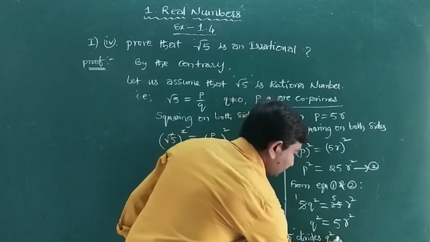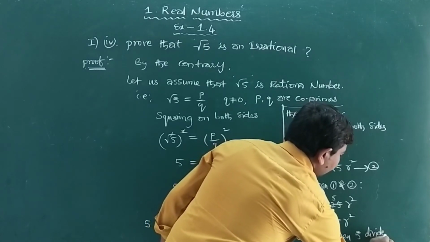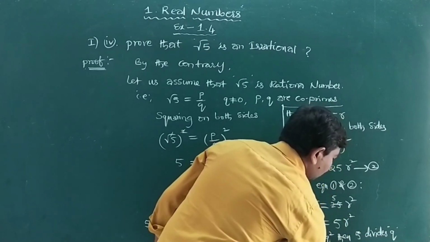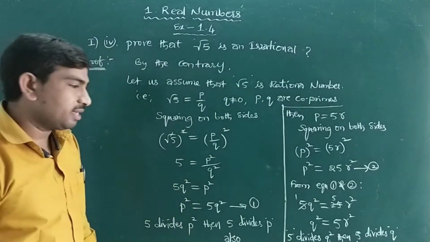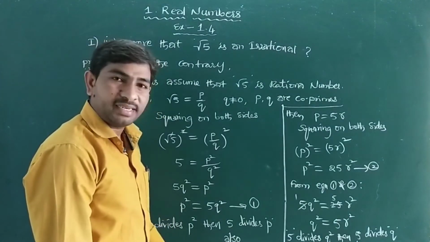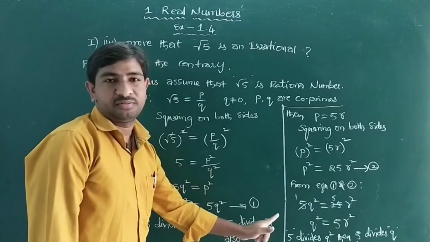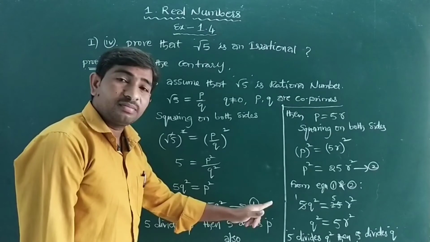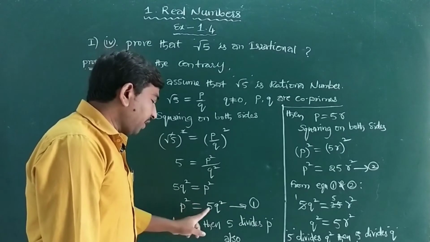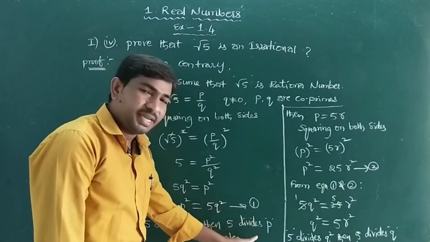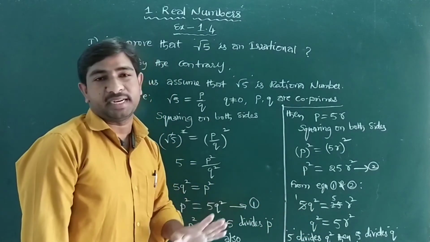So by observing this, 5 divides p as well as 5 divides q. So 5 is a common factor for both p and q.